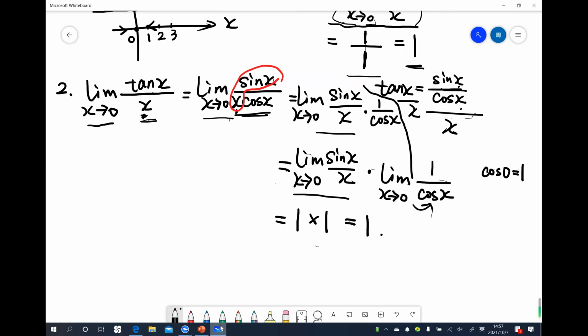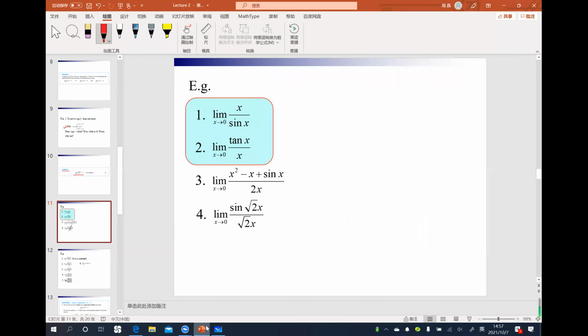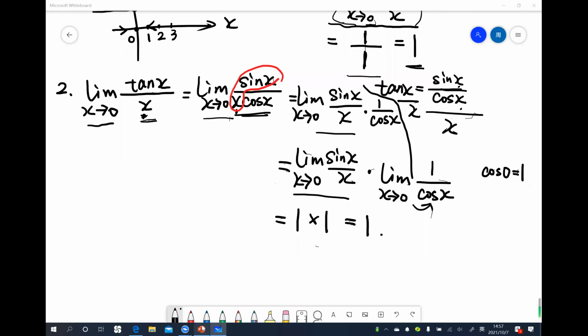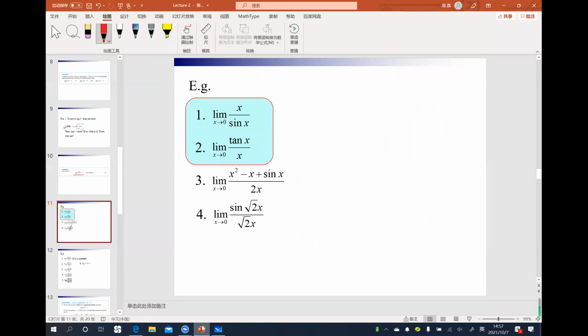Okay, so for the first two, the result for the first one equals 1, and the second also equals 1, right? And these two results, you can use directly if you can remember them.